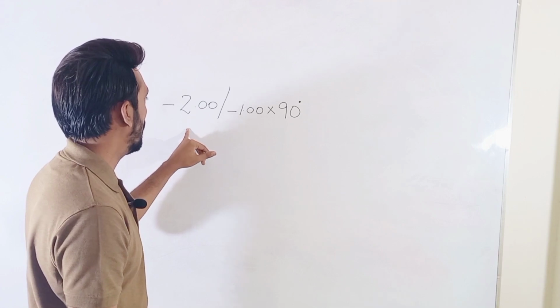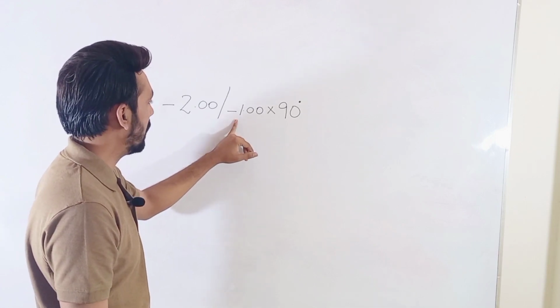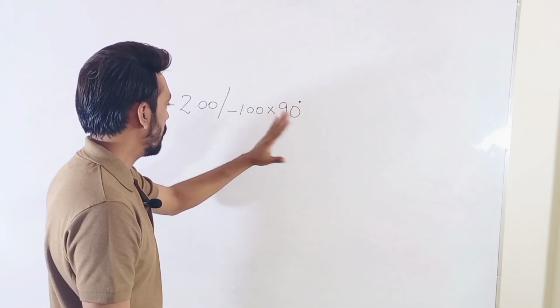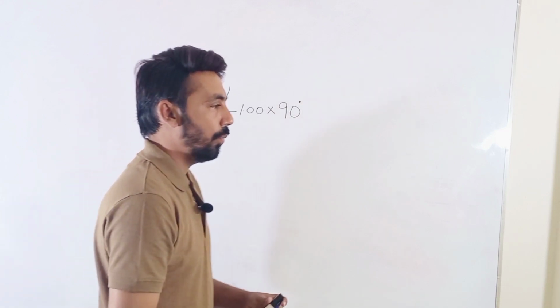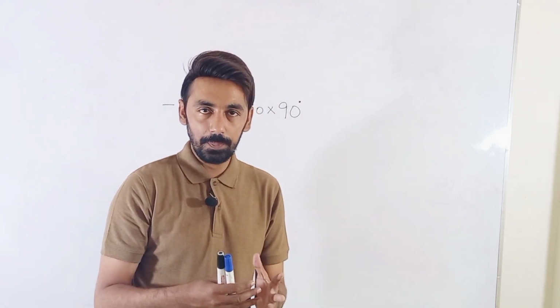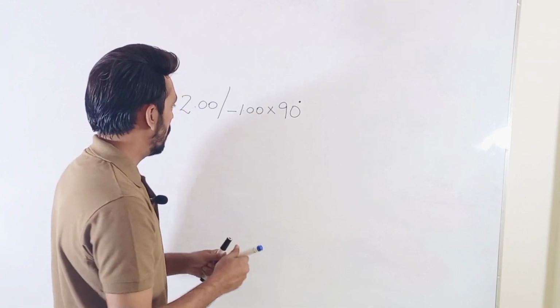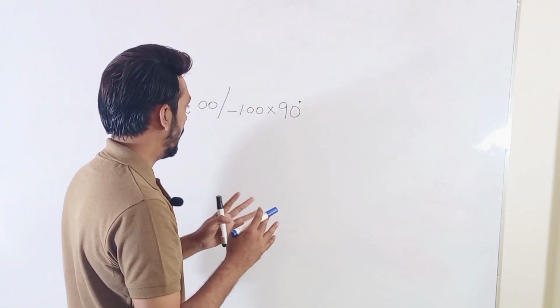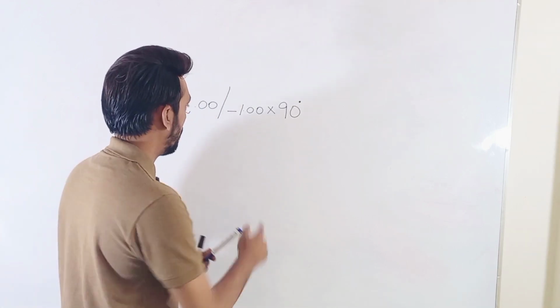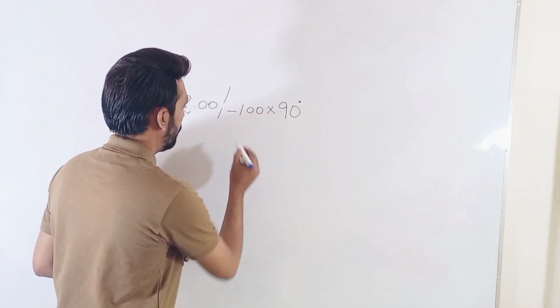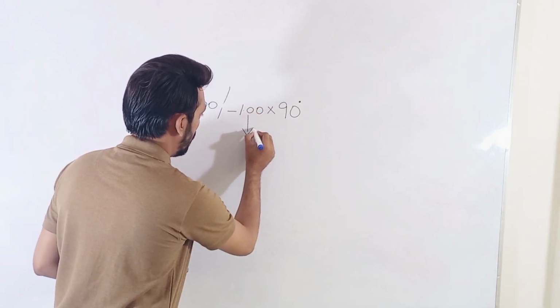Suppose this is our prescription: -2 sphere with -1 cylinder at 90 degrees. Now we have to perform the spherical equivalent. The first step is to change our cylinder here.